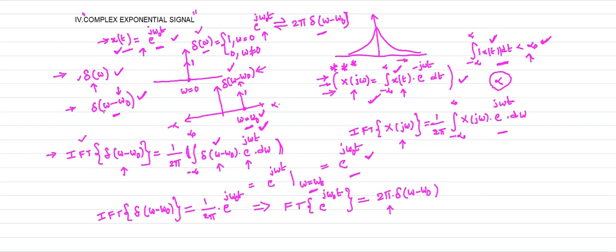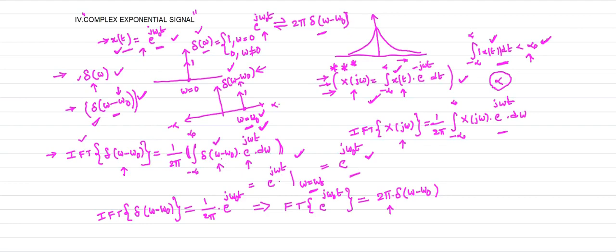So the indirect way is you just consider this signal, which is the shifted version of the unit impulse signal, delta of omega minus omega naught. After considering this signal, you find the inverse Fourier transform using the formula. Here I can use the direct expression, because we are multiplying this function by the unit impulse function.